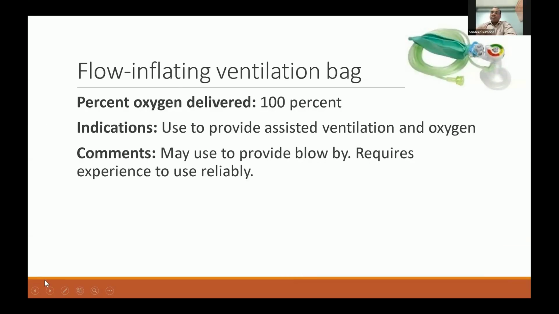Okay, so this is the slow inflating ventilation bag. Can you now see these greenish bags? Can you ventilate with this bag without oxygen? If your oxygen tubing is not connected to the oxygen system, can you ventilate the patient now? You cannot, because this bag is not going to inflate on its own. And that is the importance of using a self-inflating bag.